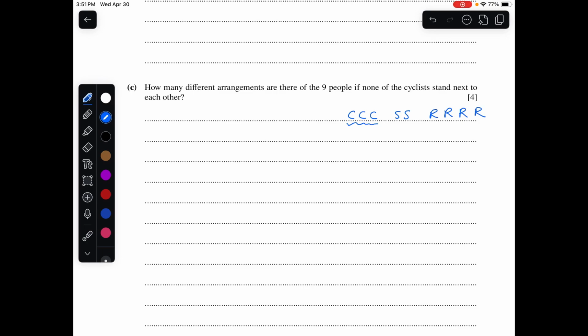So if the 3 cyclists are gone, then we are left with 2 swimmers and 4 runners. So the cyclists can go in anywhere in the gaps over here, right? So let us see how many we have over here. We have 2 swimmers and 4 runners. So that is 4 plus 2, that is going to be 6. So they can be arranged in 6 factorial ways.